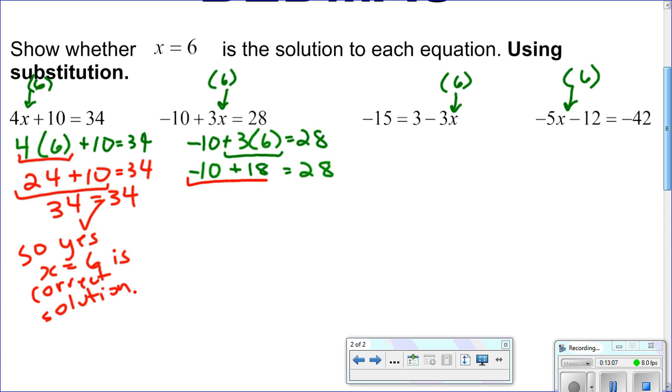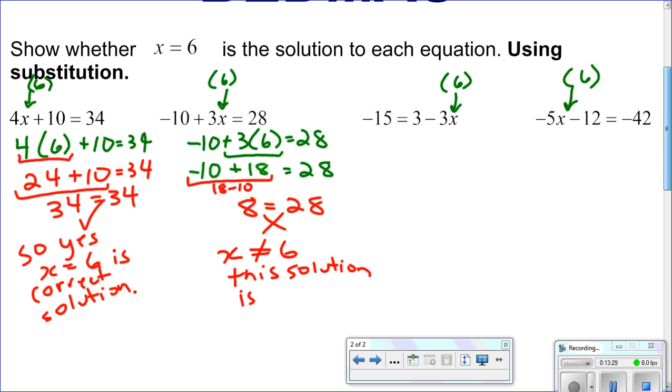Negative 10 plus 18, so this is the same as 18, take away 10, so that leaves us with 8 equals 28. They are not equal, so x does not equal 6. This solution is not correct, or is incorrect.